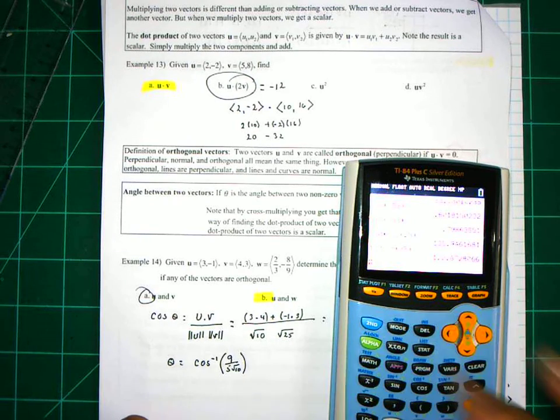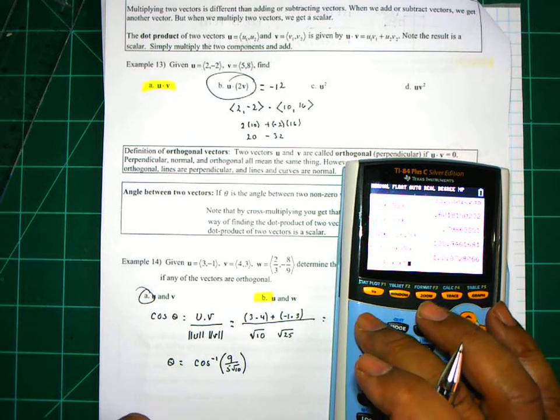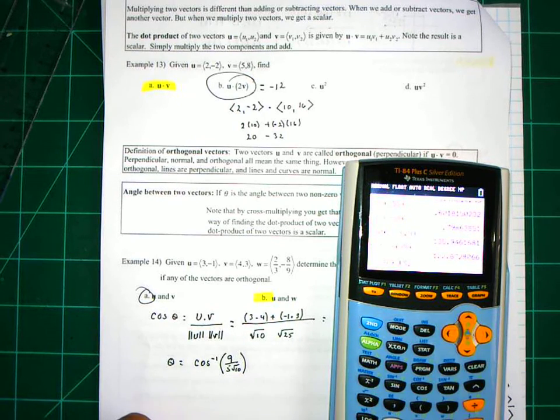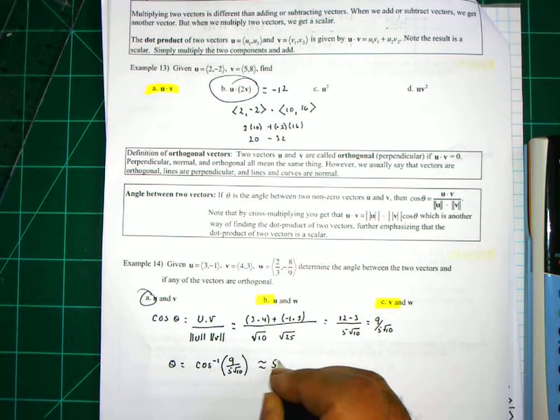And we're going to have second cosine 9 divided by 5 square root of 10, close this one, close that one, and we get theta is approximately 55 degrees.